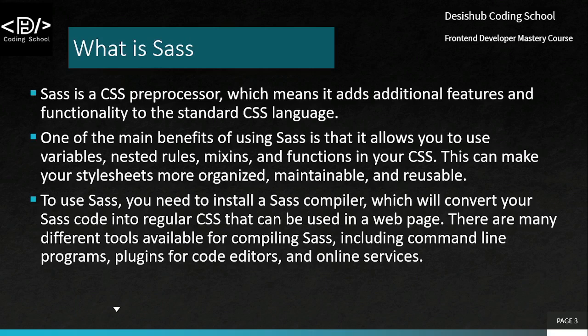To use Sass, you need to install the Sass compiler, which will convert your Sass code into CSS. The browsers do not understand Sass, they understand CSS. So we'll be compiling Sass back to CSS after we have written it.